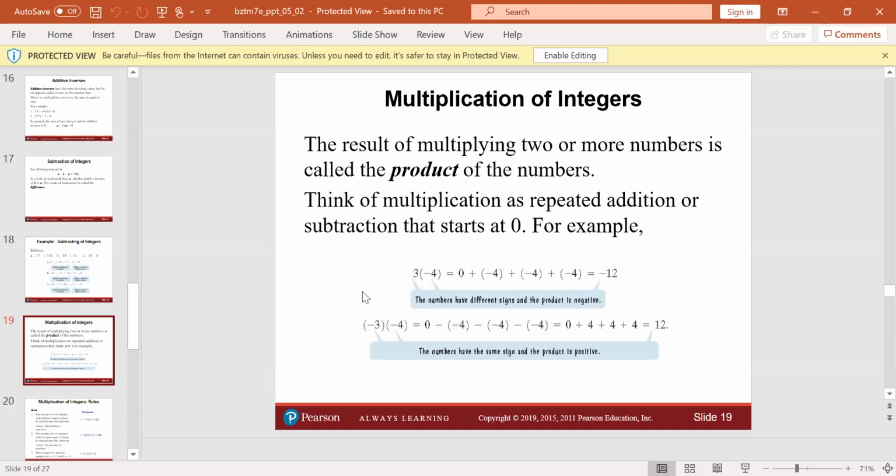So if I had to do 36 times -5, that's a positive and negative, so I'm just going to write a negative sign where my answer is going to go. Then I'm just going to do 36 times 5 for the moment, and whatever I get out of that, I'm going to put in there as the answer. 36 times 5 is 216. So 36 times -5 is -216.